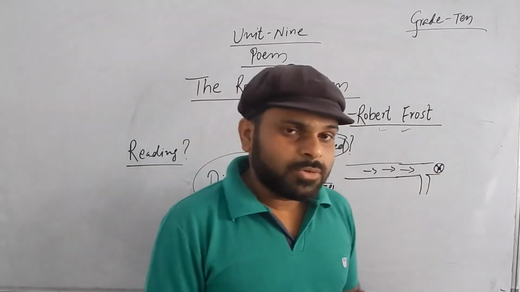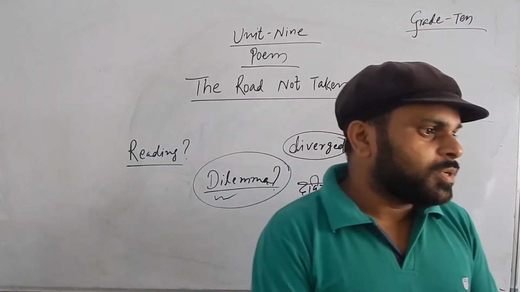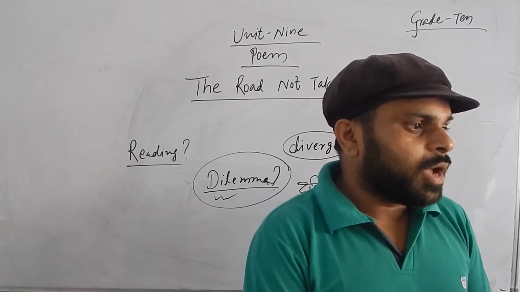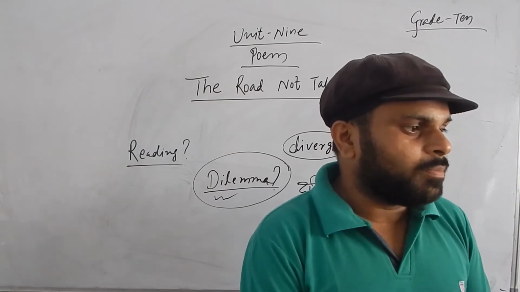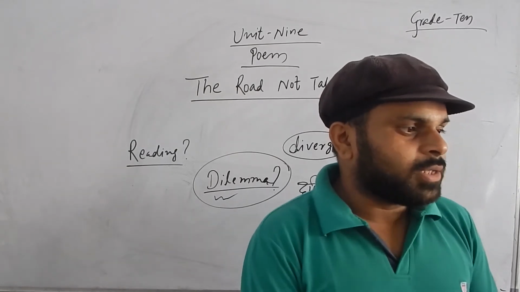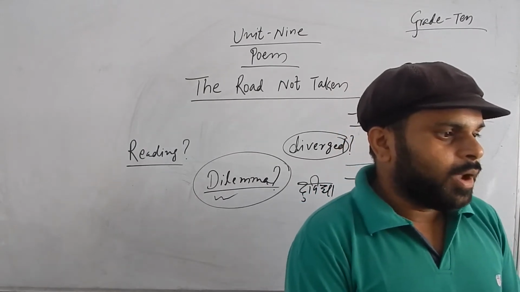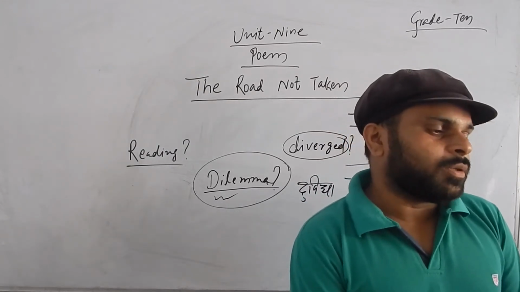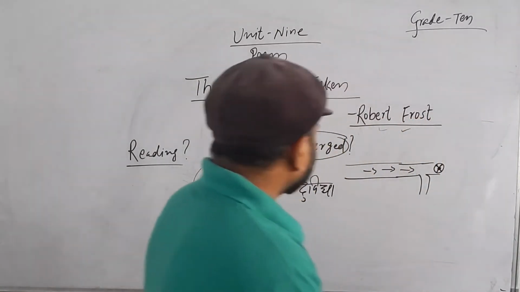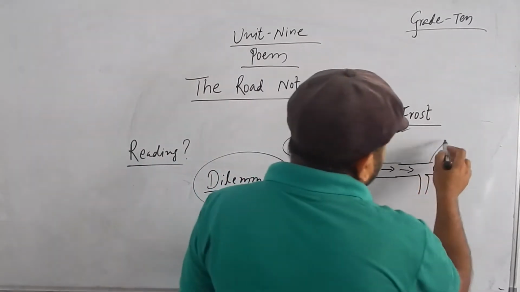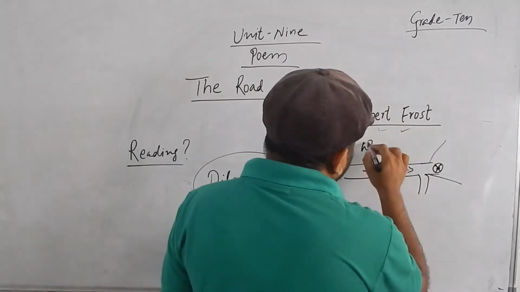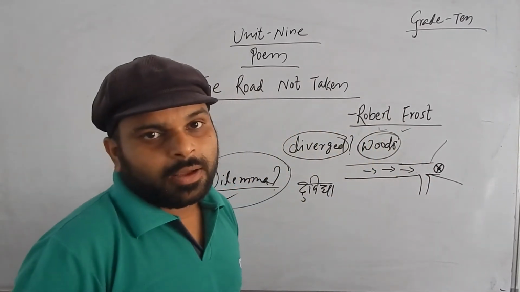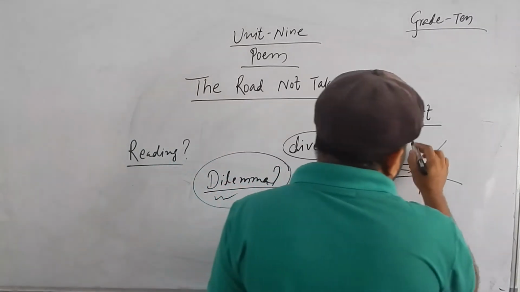Two roads diverged in a yellow wood, and sorry I could not travel both, and be one traveler, long I stood and looked down one as far as I could, to where it bent in the undergrowth. Now, he is talking about woods. Woods here could mean forest, jungle.